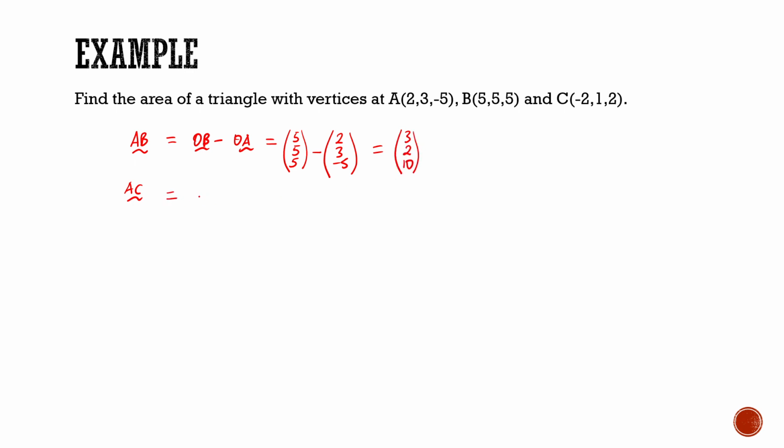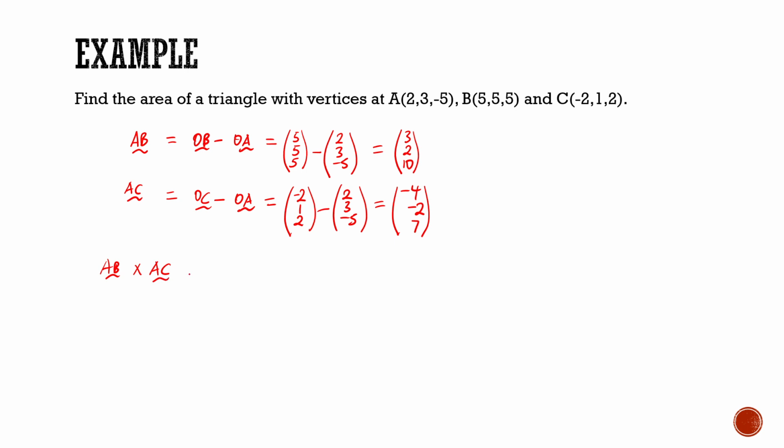And then AC similarly will be OC minus OA. OC is negative 2, 1, 2, and OA is 2, 3, minus 5. So it's going to give us minus 4, minus 2, 7 as our AC. Now we want to get the cross product of AB and AC, because we needed to find the area of the triangle.